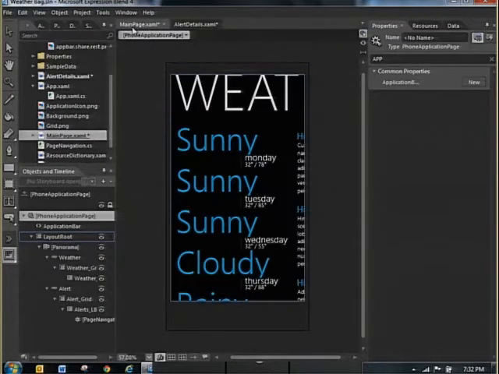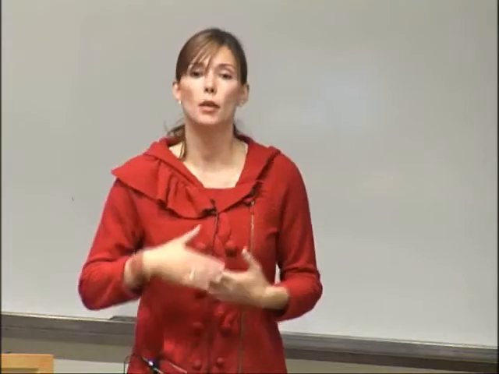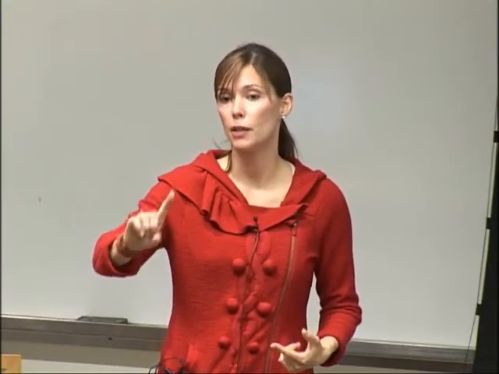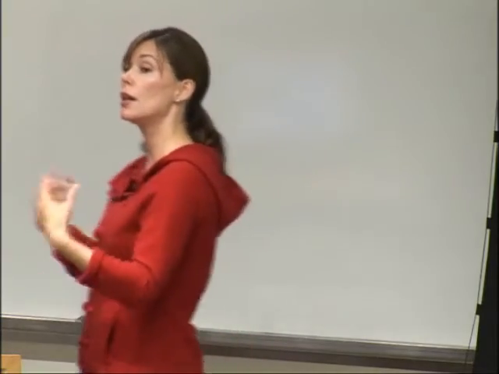One more thing that I want to do. In my alert list box, not everything on the interface is clickable. You're not going to click on the weather details on the first panorama item page and navigate anywhere. So to help users learn how this interface works, I'm going to add an effect when they press on something that it tilts. You'll see that in our native applications, and it will hint to users that they're going to navigate to another page.